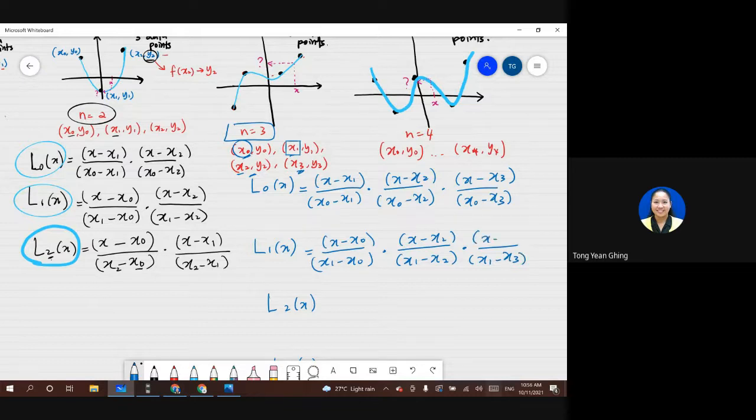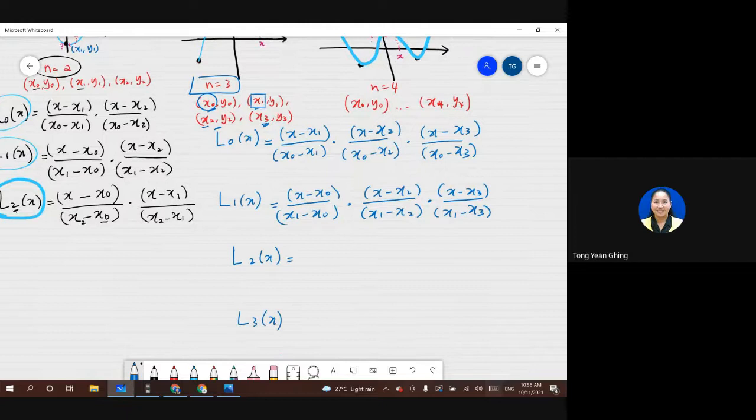So x minus x3. This one, that means x2 minus x0, x minus x0, times with x2 minus x1, x minus x1, times with x2 minus x3. So here is x minus x3.